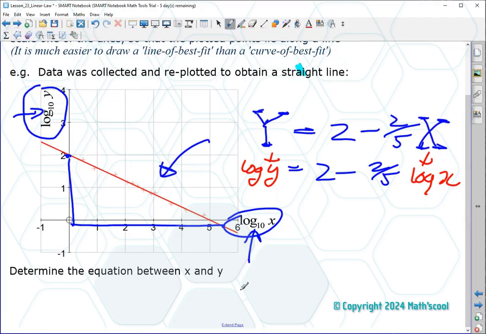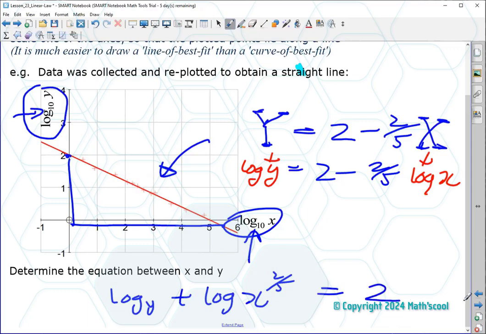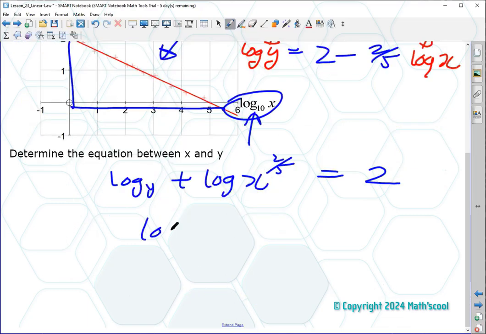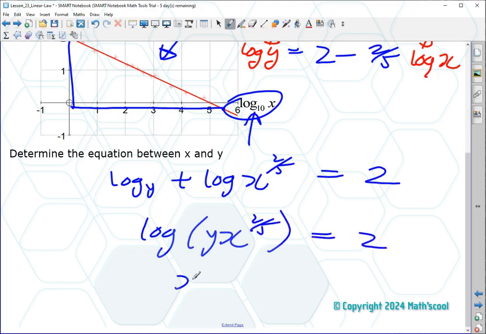Now I'm going to collect the log terms to one side, so log y plus 2 over 5 log x equals 2, and then now I'm going to squash them into a single log, log of y x to the 2 over 5 equals 2, and now I'm going to do 10 to the power both sides. Y x to the power 2 over 5 equals 10 to the power 2, which is 100.